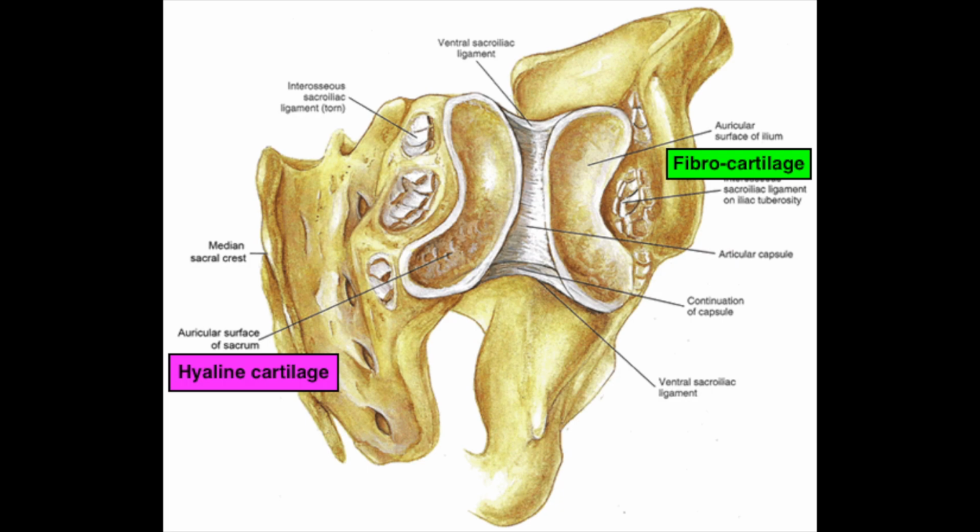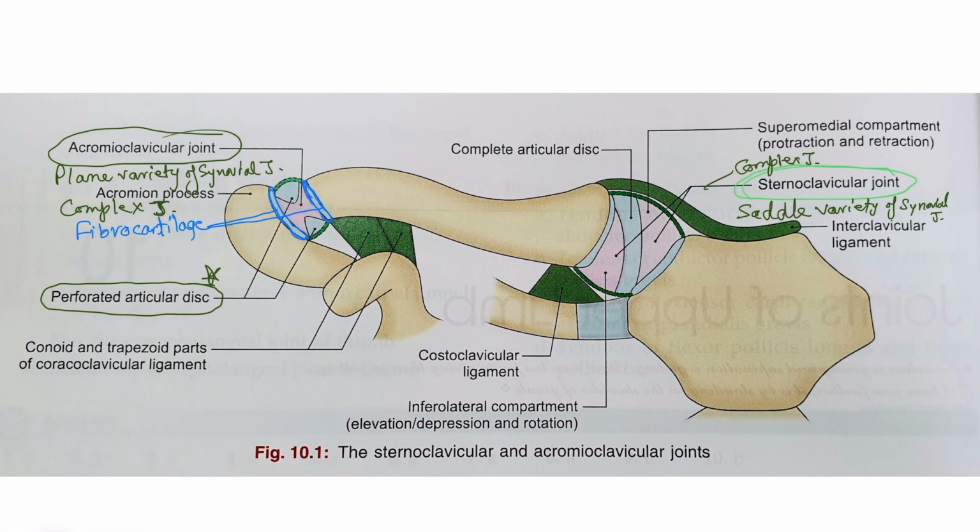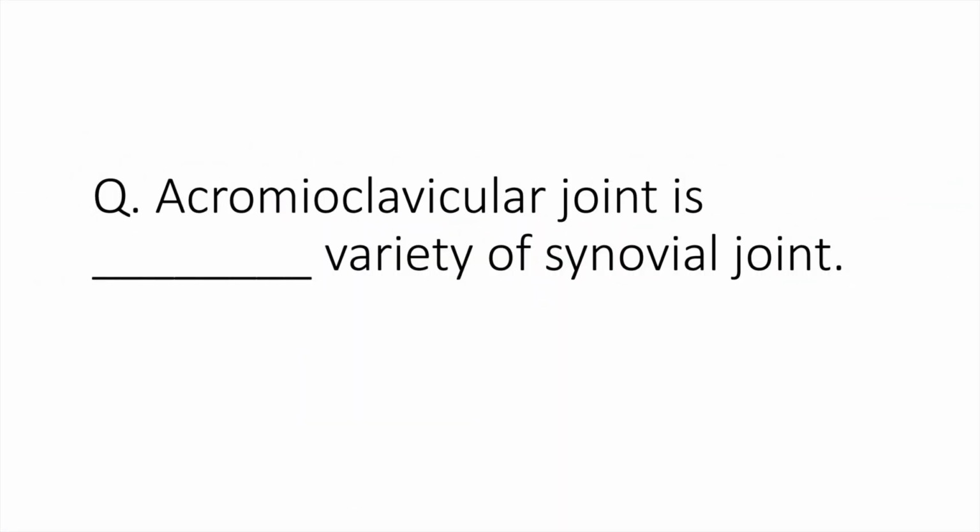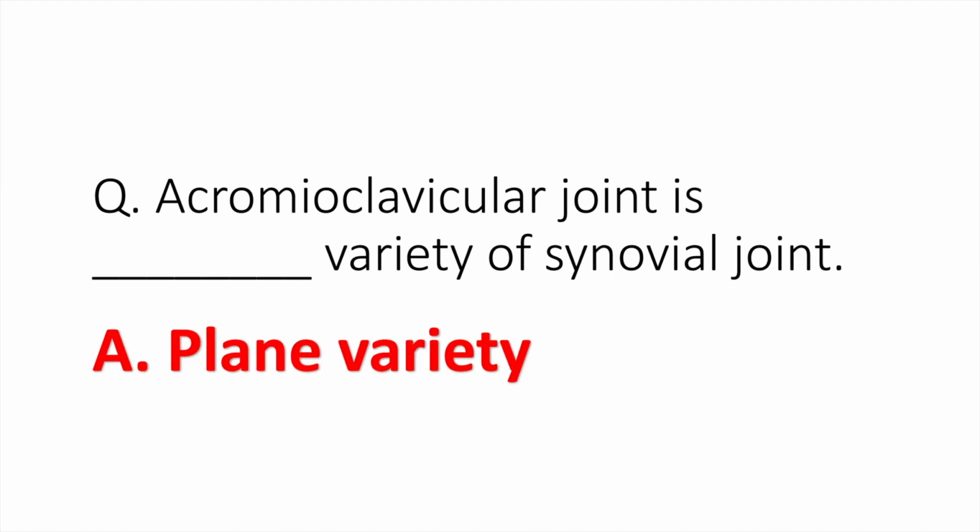So remember this, in the sacroiliac joint the two surfaces have different types of articular cartilages, and the sacroiliac joint is also a plain variety of synovial joint. So these are some important points you should remember. MCQs can be made on these points. The answer here is that acromioclavicular joint is a plain variety of synovial joint.